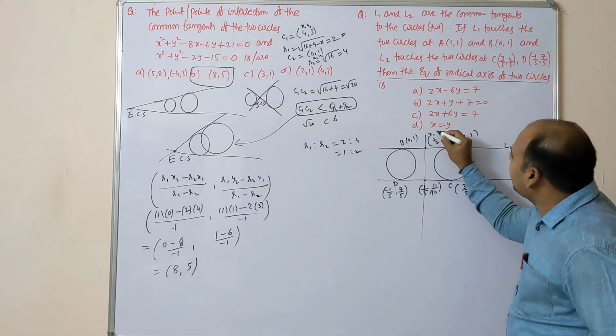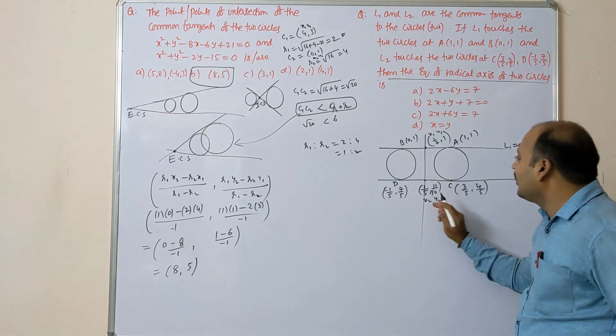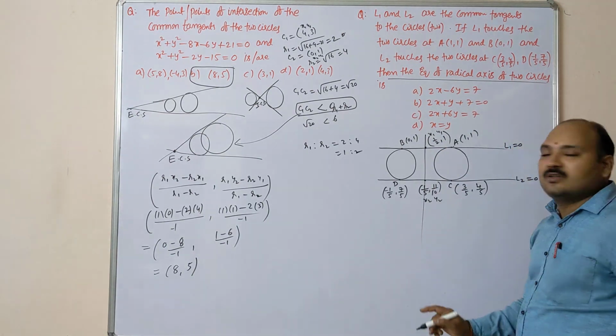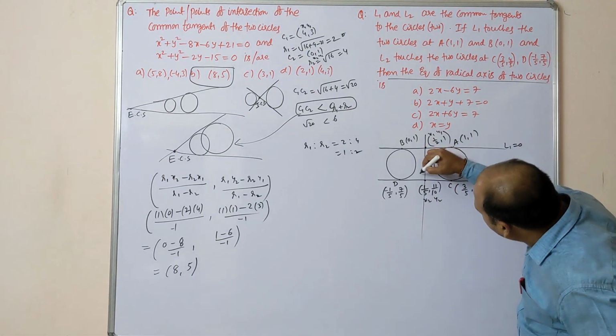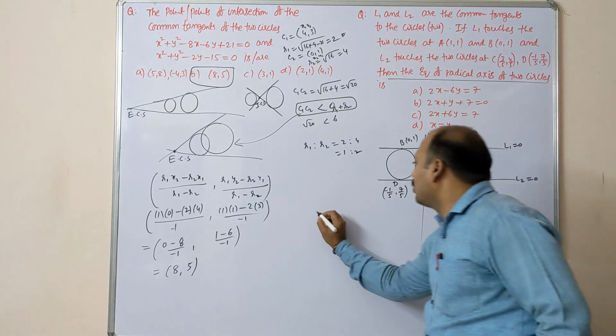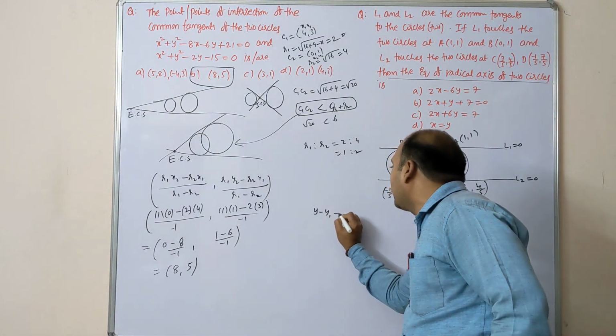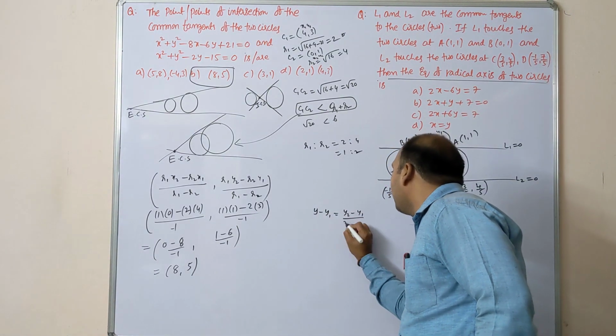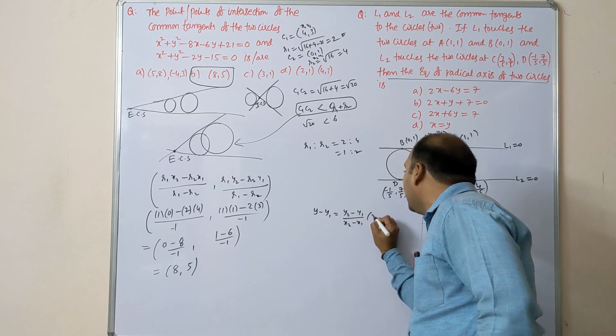So this is x1, y1, x2, y2, and solve that equation using the two-point form of the straight line. This is called the radical axis. The two-point form: y minus y1 equal to (y2 minus y1) by (x2 minus x1) into (x minus x1).